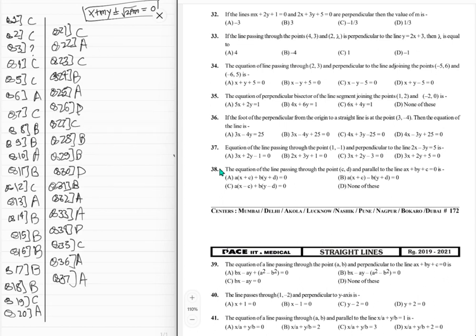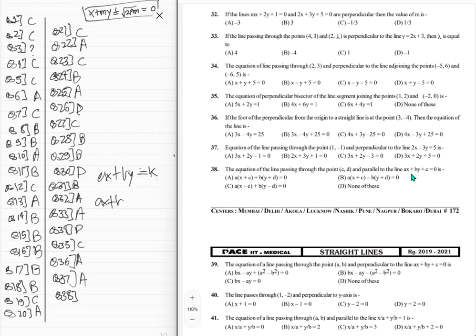Next question. Question number 38. The equation of the line passing through the point C comma D and parallel to the line, this one. So it's just ax plus by plus some constant k equal to 0, and it passes through C comma D. So ax plus by equal to k.